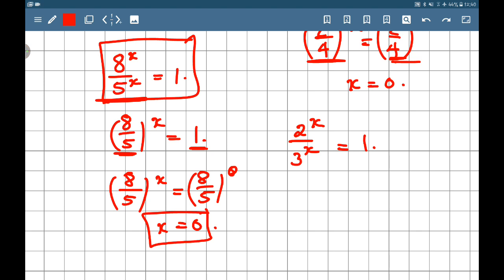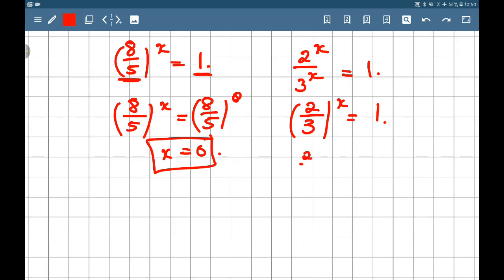But at the same time, as an examiner, I'm not interested in the answer. I'm interested in your knowledge about exponents. So this is the same. It's going to be 2 over 3 to the power x is equal to 1, which is 2 over 3 to the power x is equal to 2 over 3 to the power 0. Because now the bases are the same, you can simply say x is equal to 0.